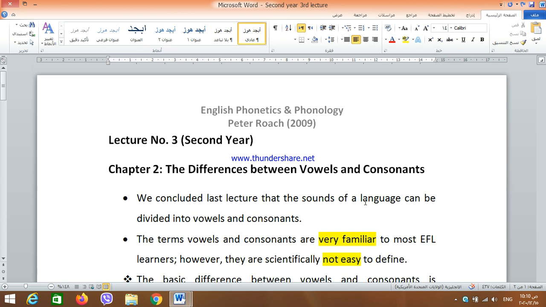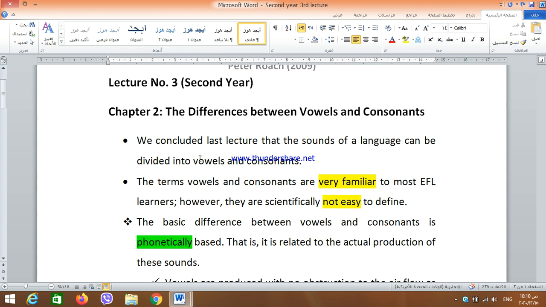If you remember, we concluded our previous lecture with the conclusion that the sounds of any language can be divided into vowels and consonants, which means that the speech sounds of a language are either vowels or consonants, and the number of vowels and consonants actually differs among languages. It's not the same. Not just the number, the nature of these vowels are different.